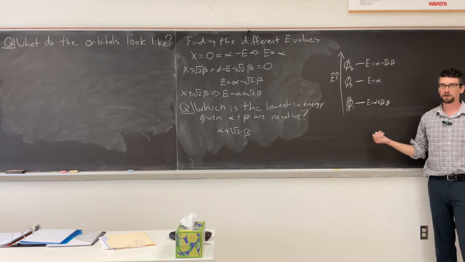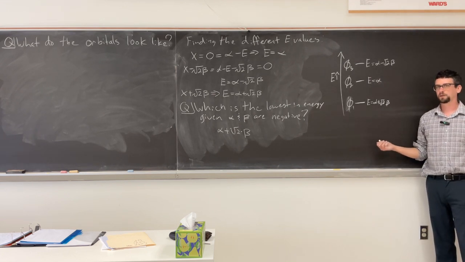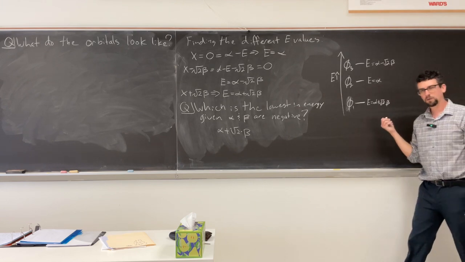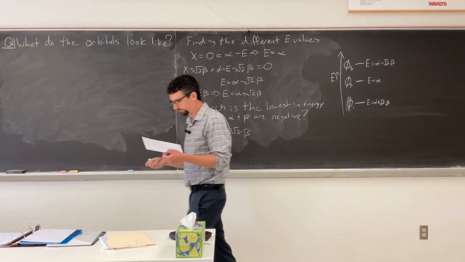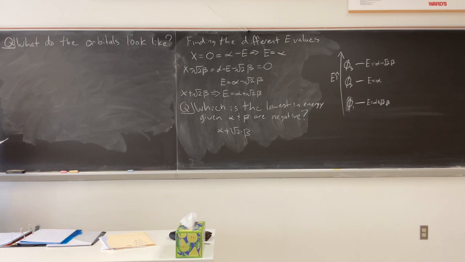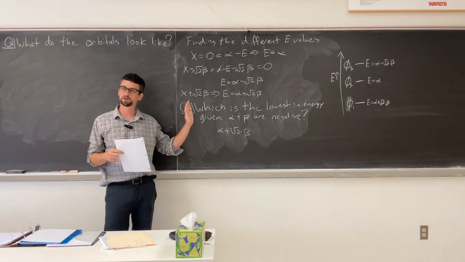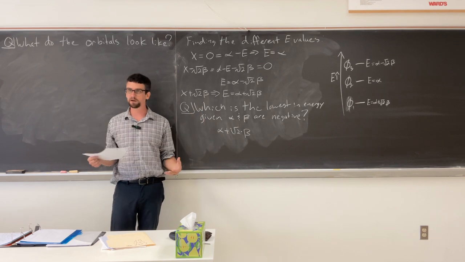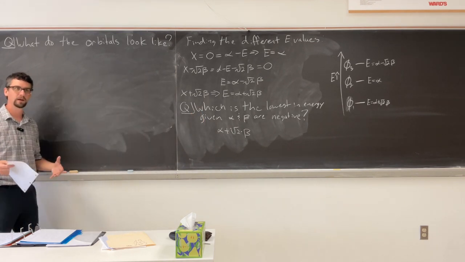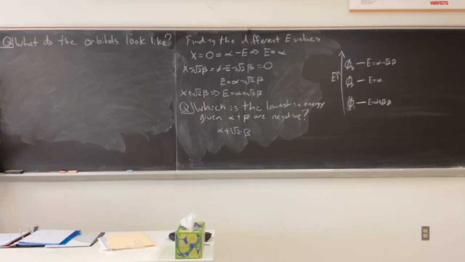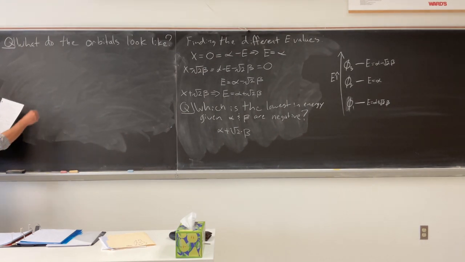That's all we know. Okay. But we had those trial basis functions, and we said they were a linear combination of those guys, right? So what we could do is look at the coefficients each carbon contributes, and we'll get an idea of what those MOs look like. But we gotta find those coefficients.